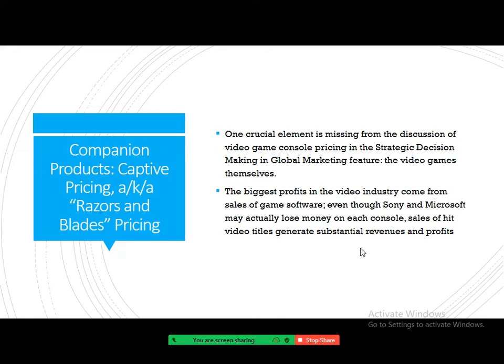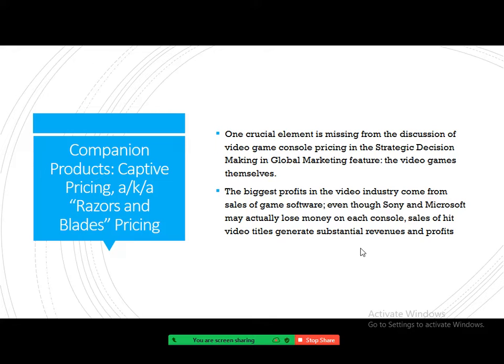Even though Sony and Microsoft may actually lose money on each console, sales of hit video titles generate substantial revenues and profits. Sony, Microsoft, and Nintendo receive licensing fees from the companies that create the games. Moreover, typical households own one or two consoles but dozens of games.